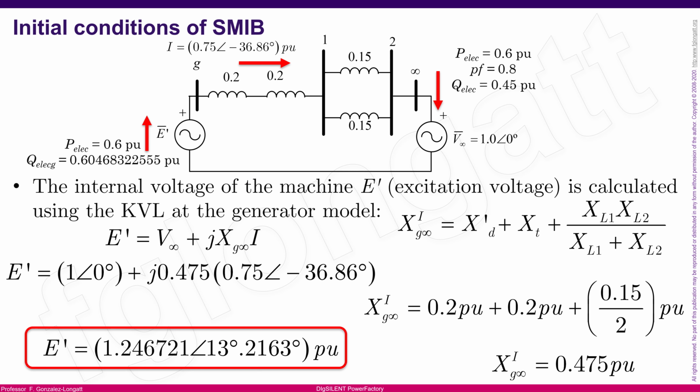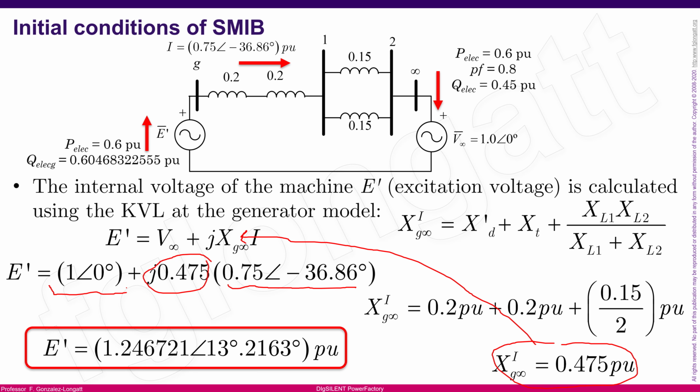Okay, now what we need to do is just substitute this value into the Kirchhoff voltage law equation, and that is here. And we know already the current, 0.75 at minus 36.86, and we know the voltage of the infinite bus bar. Voila, we got a solution over here.